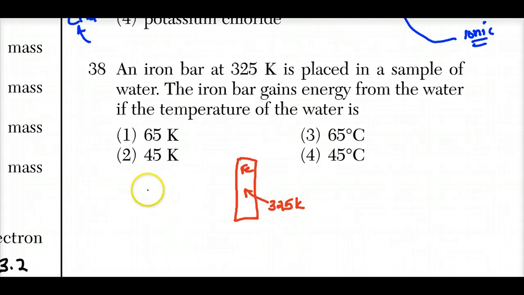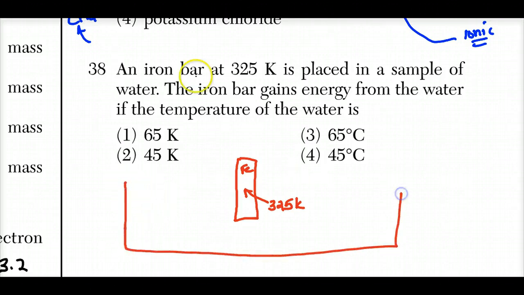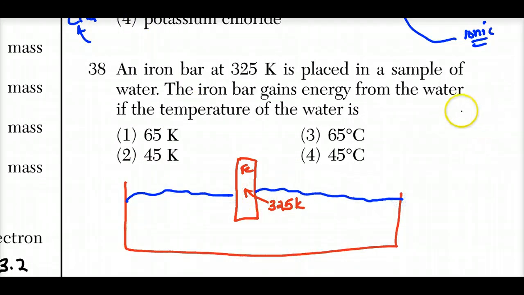Now, if it's gaining energy from the water, it must be somewhere in contact with water. So here's our container, and let's draw in our water. We know that energy flows from hot to cold. Why? Because things that are hot are moving faster than things that are cold, that are moving slower. So things that are slower get caught by things that are moving faster.